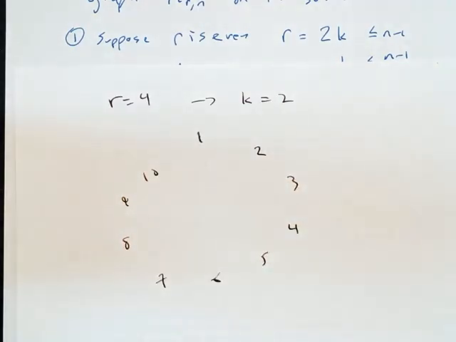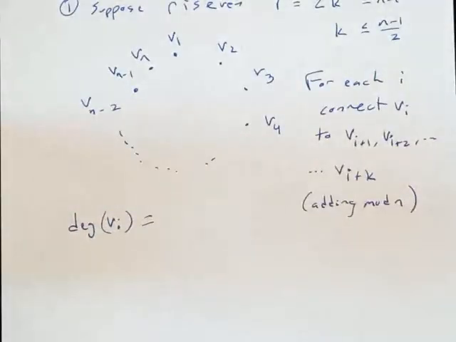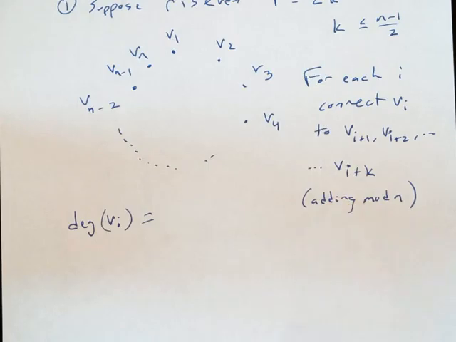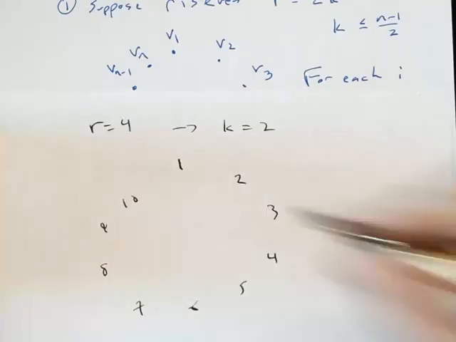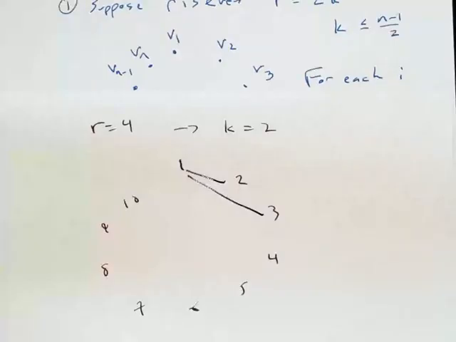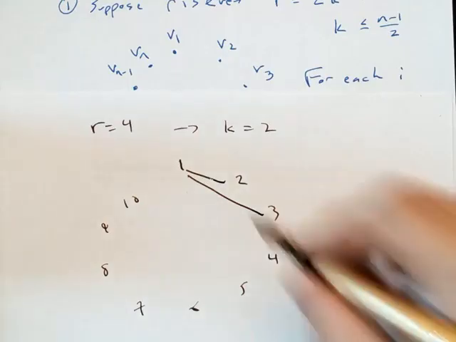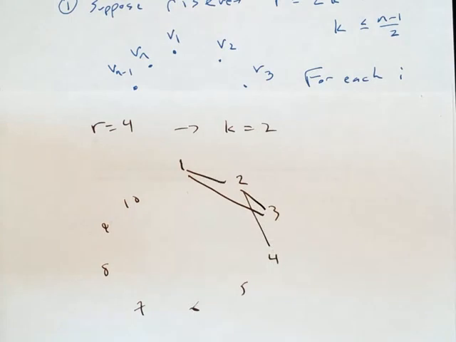There are my vertices. What's vertex 1 connected to? What does vertex 2 get connected to? Two forward, right?